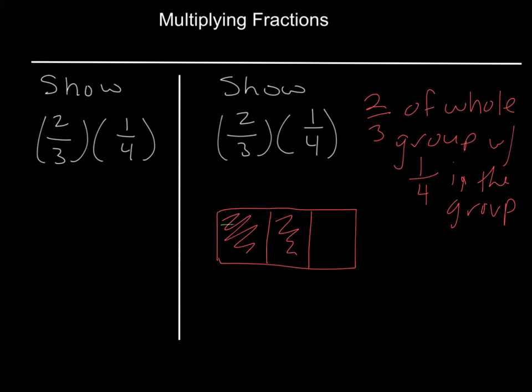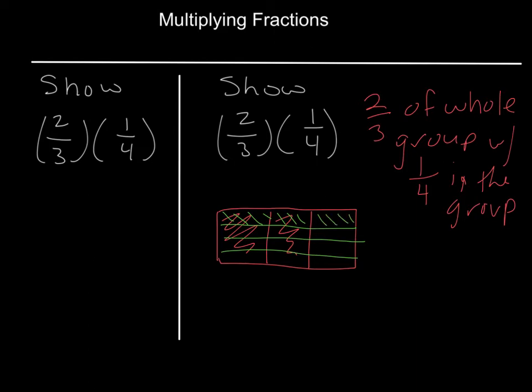So now I'm going to break it down this way. 1, 2, 3, and 4. So then this says that I have 1/4 of this. So this is where my 1/4 is.